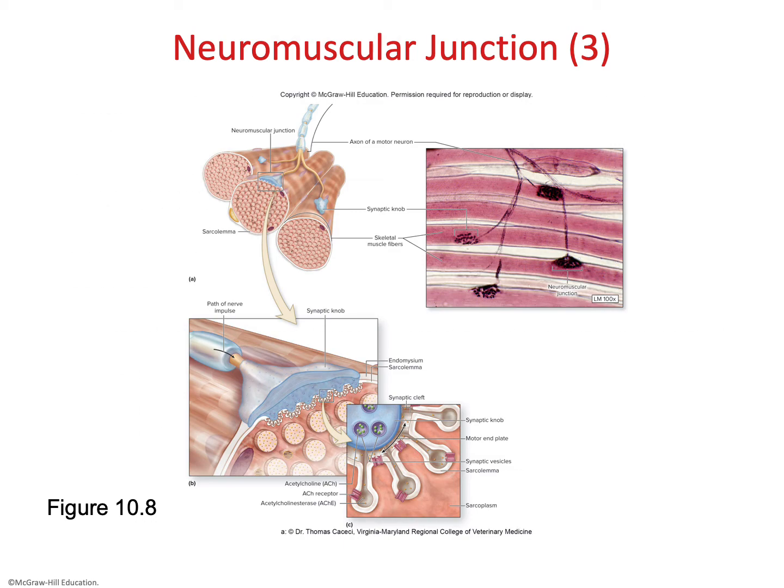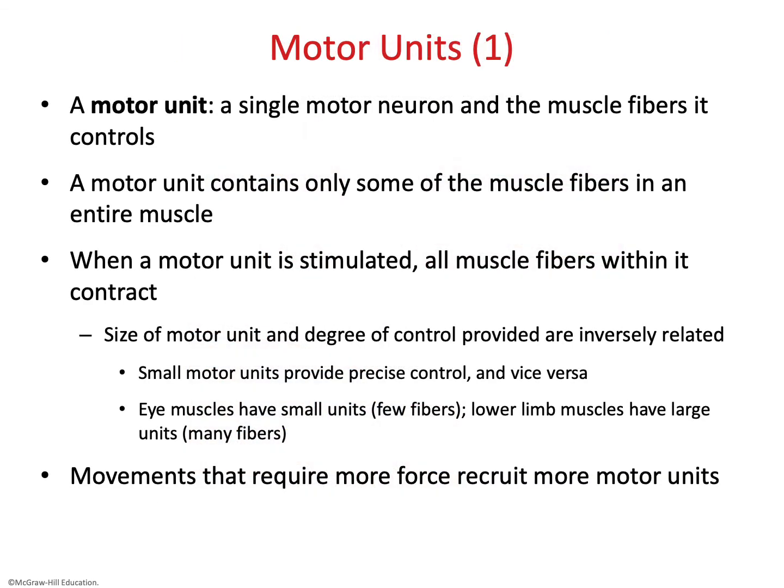This really is tied to what a motor unit is. A motor unit is a single motor neuron and the muscle fibers it controls. A motor unit contains only some of the muscle fibers in an entire muscle. When a motor unit is stimulated, all the muscle fibers within it will contract, and the size of the motor unit and degree of control provided are inversely related.